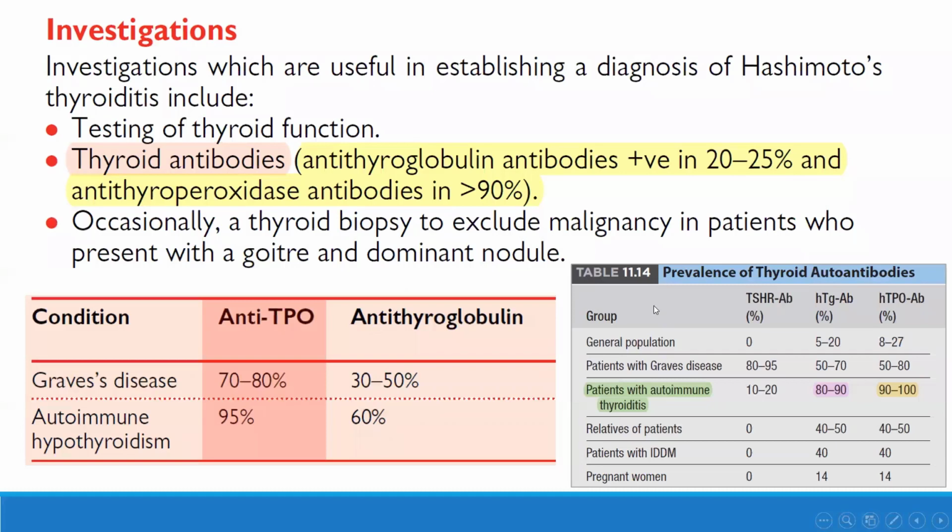But in the latest edition of the Williams Textbook of Endocrinology, they mentioned that TG antibody is positive in 80 to 90% of autoimmune thyroiditis. So don't forget that this number is not correct in the Oxford handbook. The most accurate one is the Williams numbers.